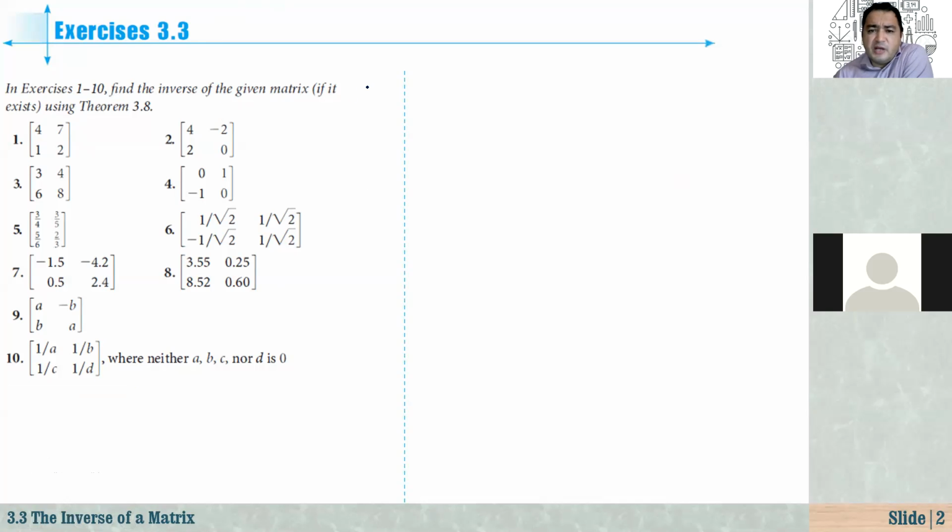For example, when we talk about real numbers, if you're given any real number, let's say it is a, and if it is not equal to 0, we say that it has a reciprocal, because a times something is equal to 1. What is that? Actually, that is 1 over a. That's equal to 1. So this a and 1 over a, we say that they are reciprocals of each other.